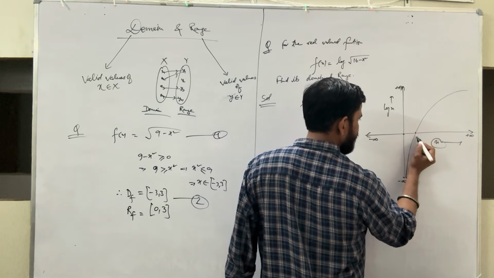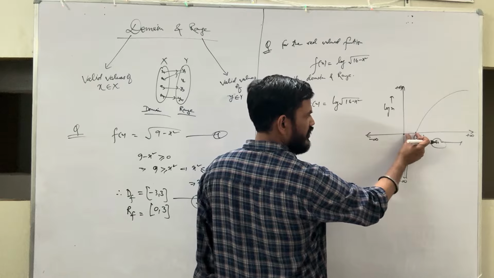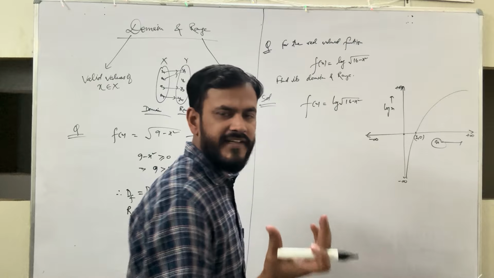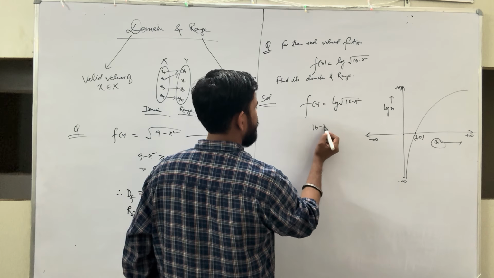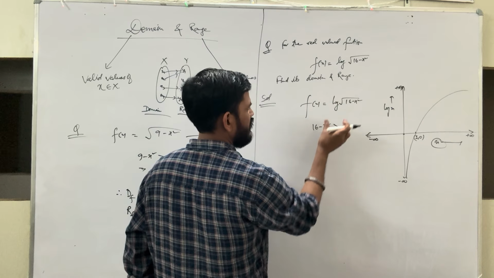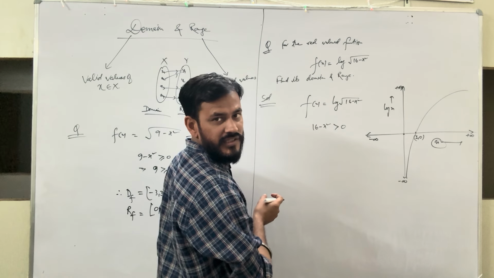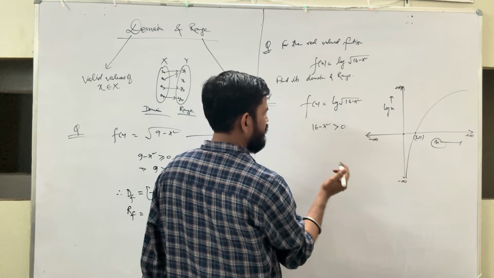And when x attains 1, logarithm is 0. So when the argument is between 0 and 1, the logarithm attains negative values. Now you see 16 minus x square, because it is in logarithm, should be only greater than 0, because the argument of log cannot be 0, right? Because 0 will lead you to negative infinity.